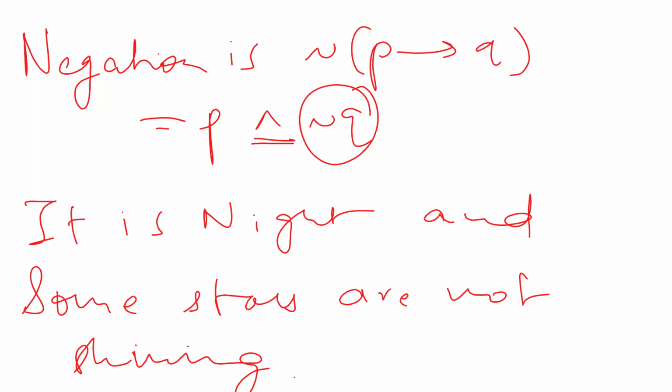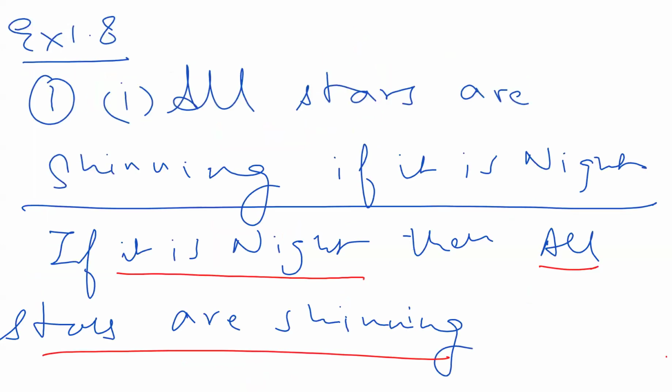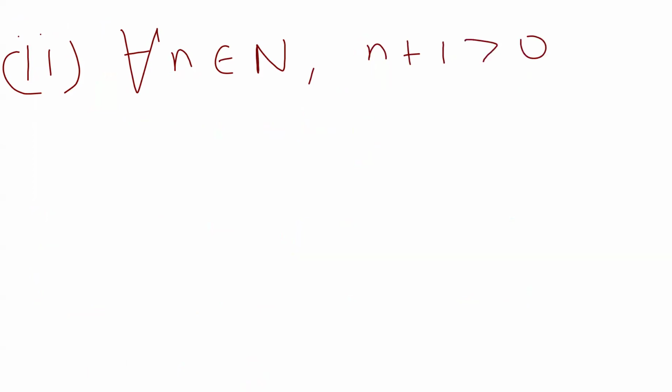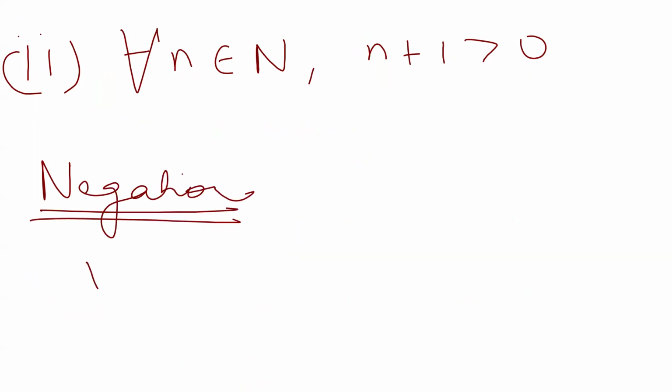Second sub question. Now, the difference between the first problem and second problem is this is a compound statement, because there is a logical connective over here: if and then. Second statement is not a compound statement. It's a single statement. For all n belongs to N, n plus 1 is greater than 0. So directly we can write the negation since it is not a compound statement.